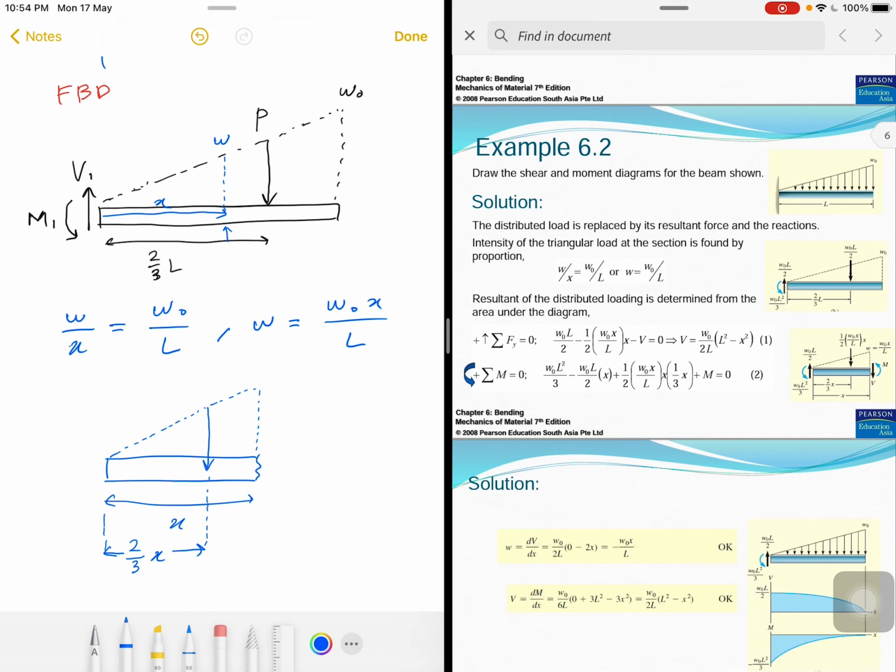So we still have the component at the left hand side, which is the reaction force and also the moment, M1.